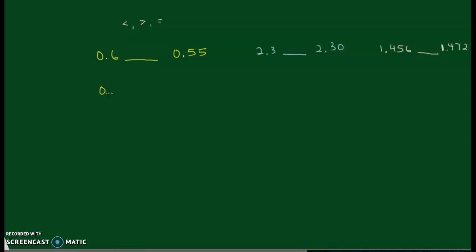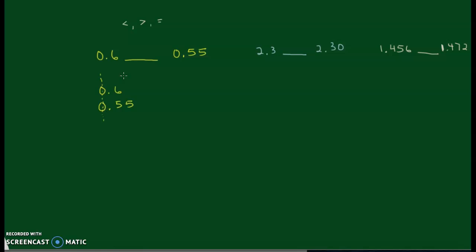So I'm going to write these vertically and line up the decimal point. And the first thing I'm going to do is look at the ones place, because we compare the whole numbers first. And in the ones place, it's the same.